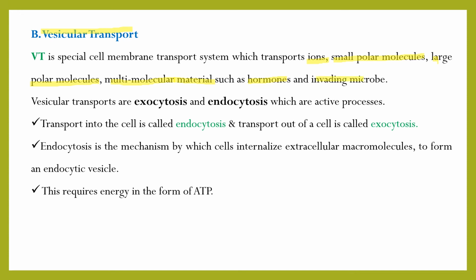Such materials can be transported in and out of the cell by vesicular transport. This vesicular transport is of 2 types, exocytosis as well as endocytosis. Transport into the cell is endocytosis, and the transport out of the cell is known as exocytosis.